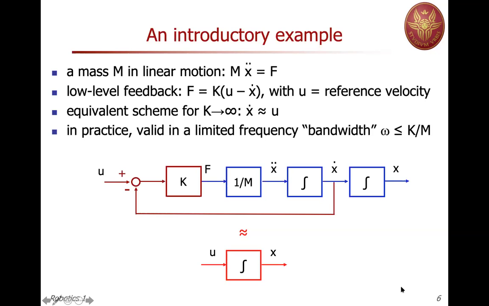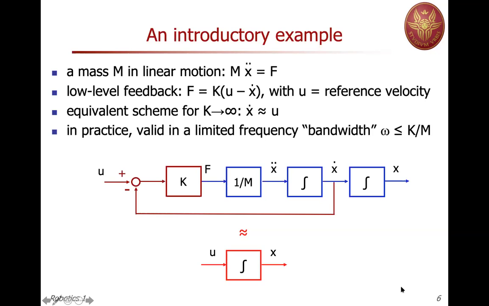So many sinusoids with different energies at a continuum of frequencies. But you have a bandwidth, so up to k over m, you can reproduce. Beyond that, you cannot reproduce these components. So you have a deformation of your original signal.